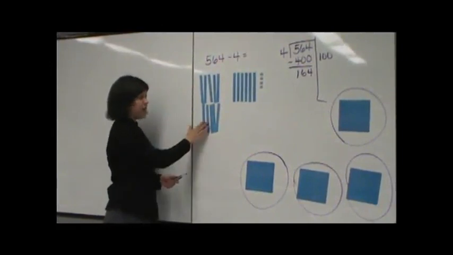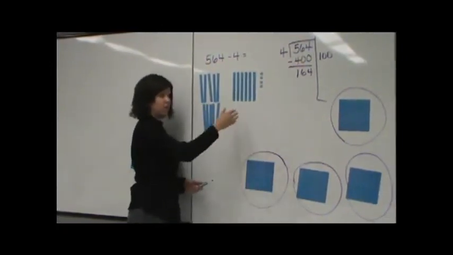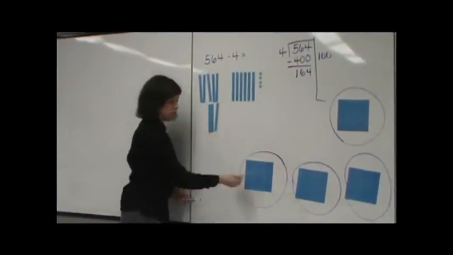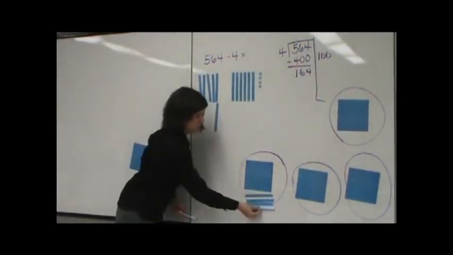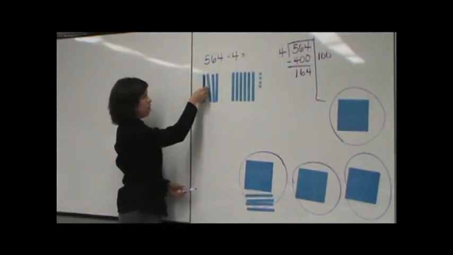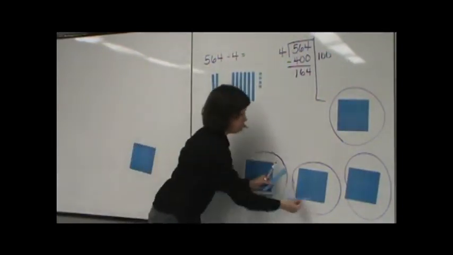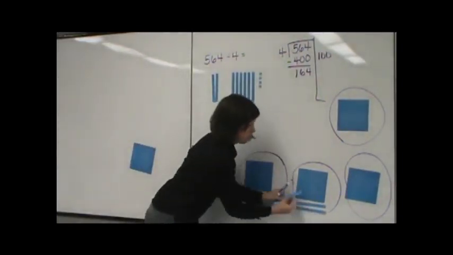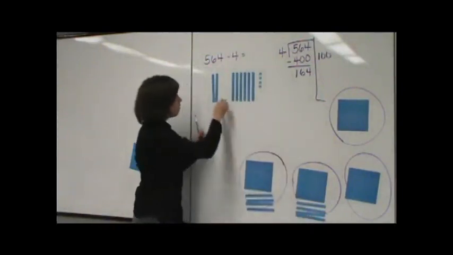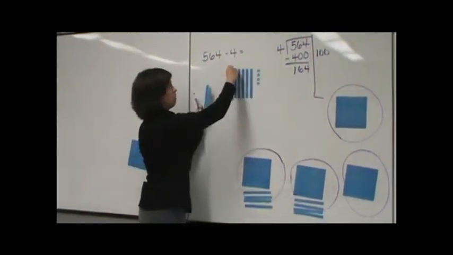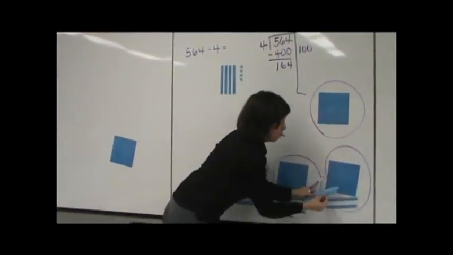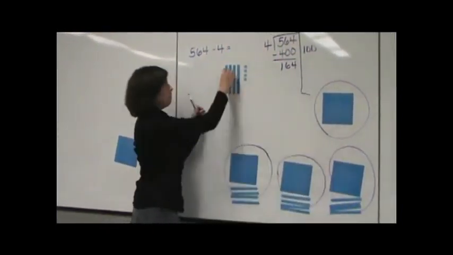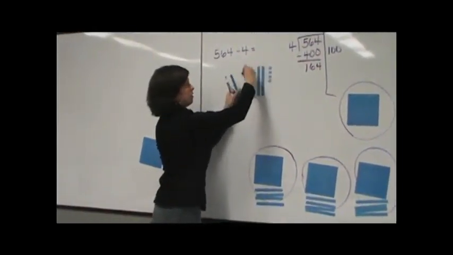I should be able to divide 4 tens equally into each of those 4 groups. And then our last tens.